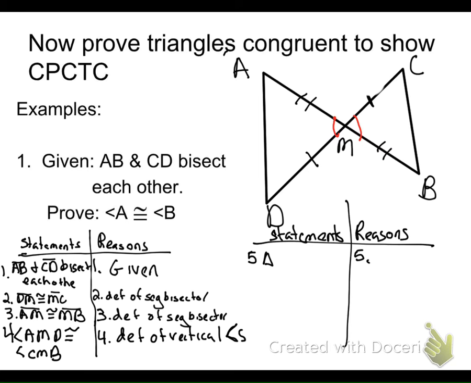They are congruent. So we have corresponding parts that are congruent, and therefore the two triangles are congruent. So triangle AMD is congruent to triangle BMC.